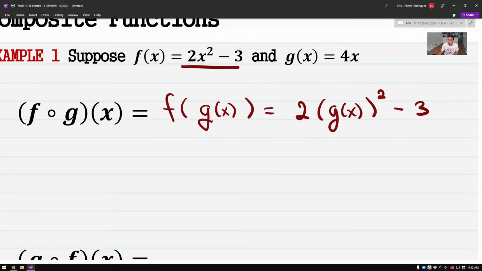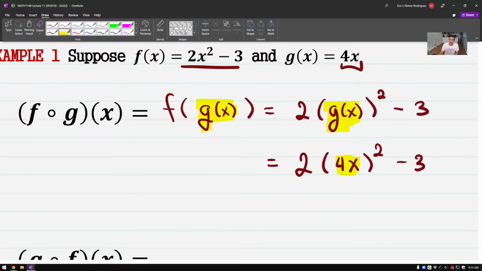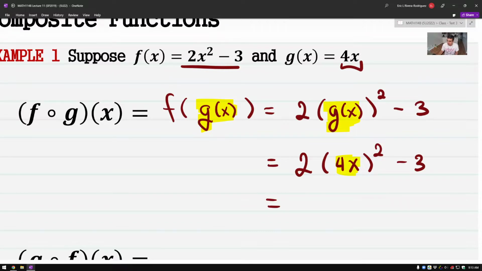Okay? Then we use the definition of g. So 4x all the square minus 3. Okay, let's finish this exercise with expanding everything here.